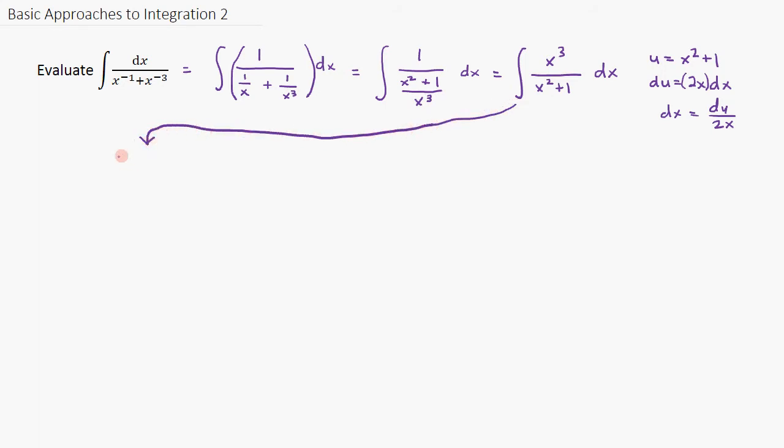So we'll continue over here. Okay, so the denominator, x squared plus 1, is equal to u, so we can replace the denominator. It's not obvious what to do with x cubed yet, so let's just leave it alone. And then the dx becomes this expression here.